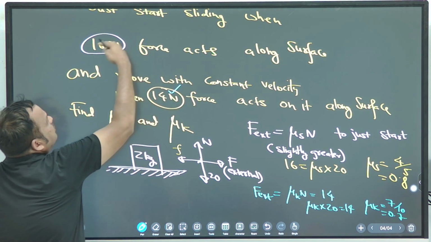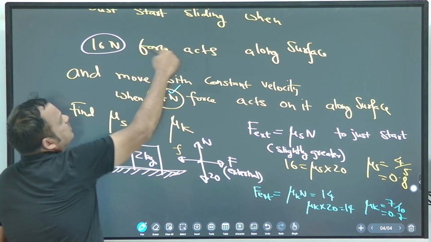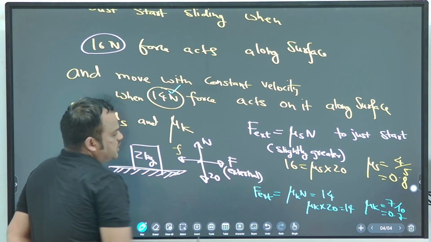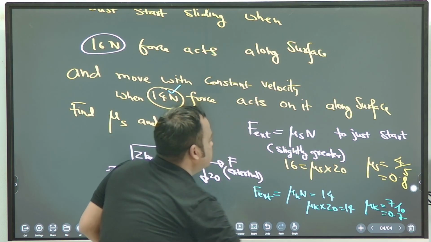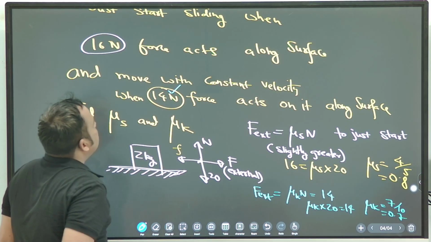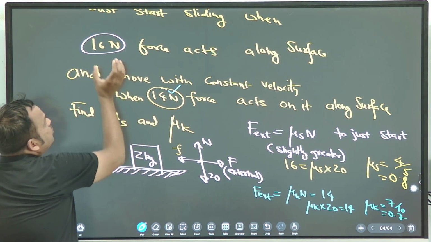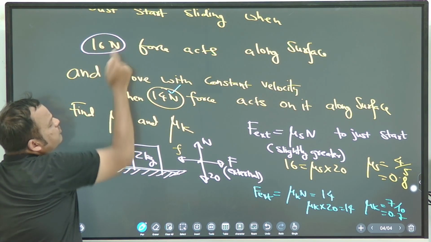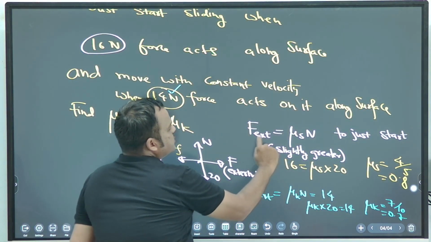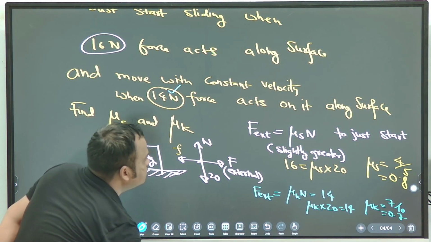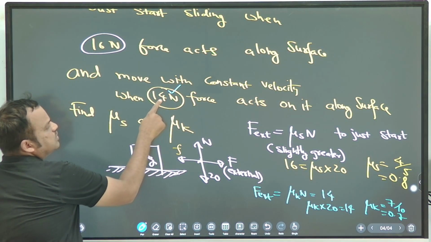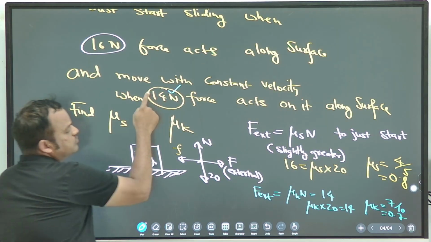So remember, 16 Newton force acting here, it just starts. To just start, 16 Newton force is needed. So 16 is equal to mu s n. And now it is going with constant velocity. So what is the force? 14 Newton.